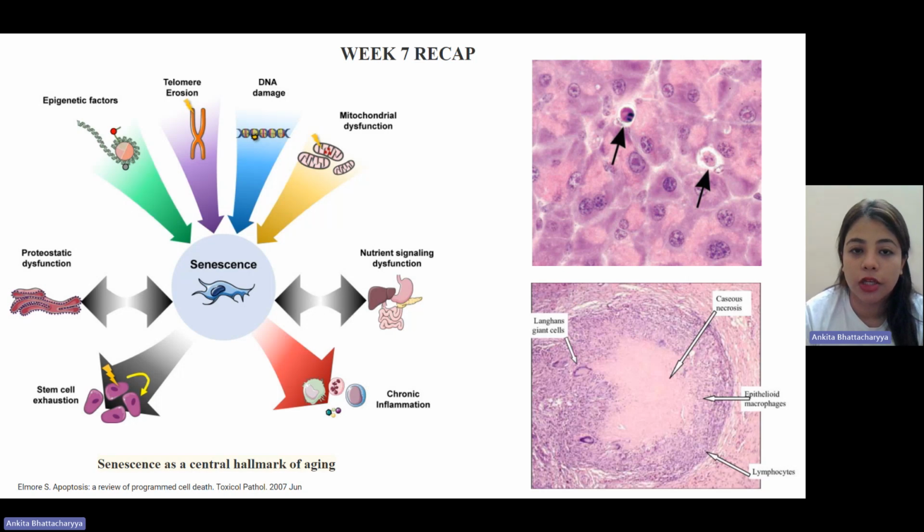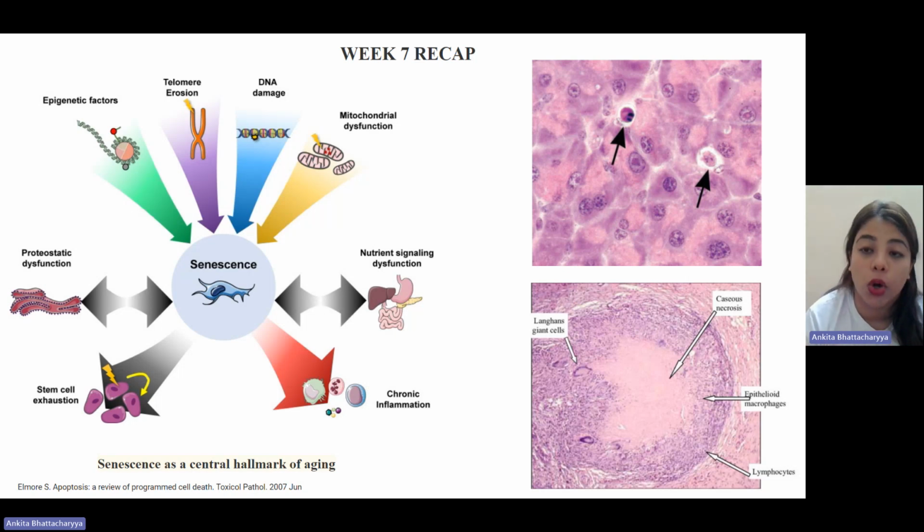Yeah, these are the common hallmarks. And also we have stem cell exhaustion as well as chronic inflammation, which are the results of senescence, not the contributors to it, but a consequence of cells that are entering senescence. And we see that proteostatic dysfunction as well as nutrient signaling dysfunction have a crosstalk with senescence.